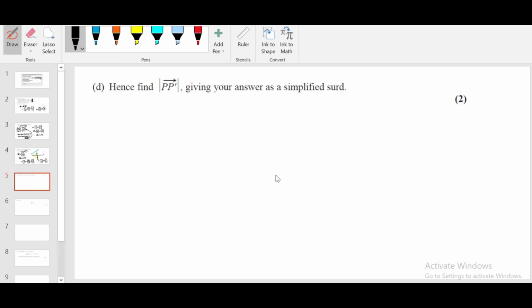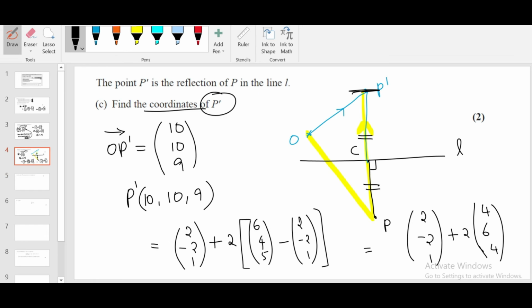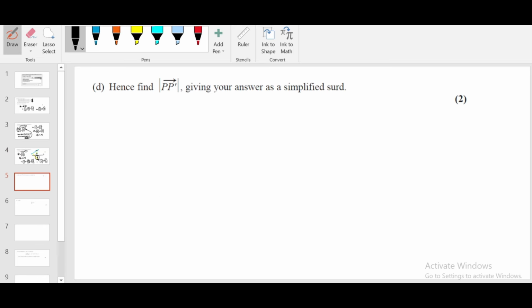They want you to find the modulus of PP dash. The modulus of PP dash, the length from here to here, is 2 times PC. So you can write modulus PP dash is equal to, you can either find the PP dash vector, that's OP dash minus OP vector, and then find the modulus, or you can find 2PC vector, the modulus of PC vector. It's the same thing.